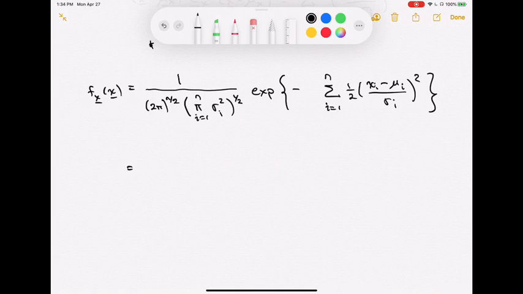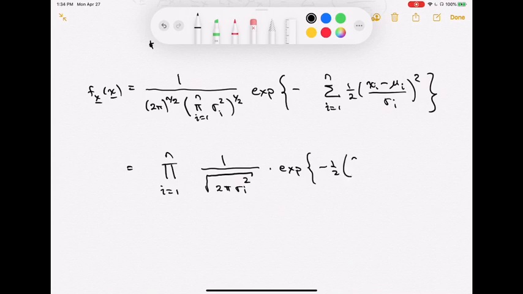So this whole thing can be written as a single product from 1 to n of 1 divided by the square root of 2πσi squared, times an exp of minus 1/2 times ((xi − μi)/σi) quantity squared.